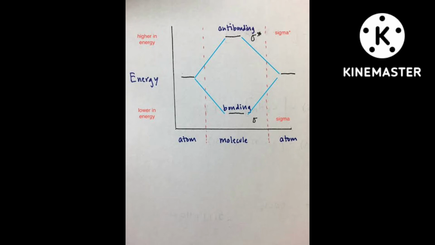Hence, in the diagram, you write one energy level, and the atomic orbitals A and B will be in the middle. After the addition, forming a molecular orbital, their energy will be less than this.